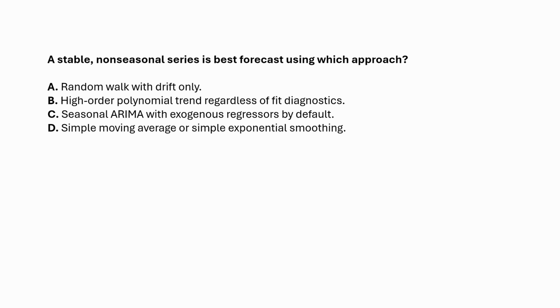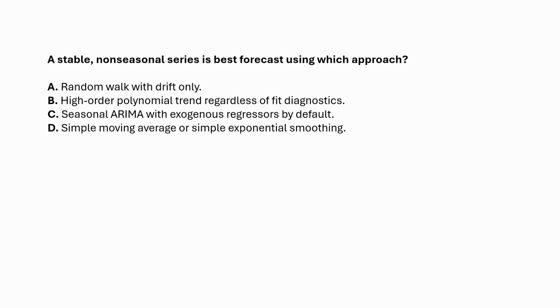This one screams exam trap. High-order polynomials can bend and twist to hug the historical data really closely, but then they give wild, unrealistic forecasts out of sample. And the phrase regardless of fit diagnostics is a giant red flag. In auditing or forecasting, ignoring diagnostics is never the right answer, so B is wrong.